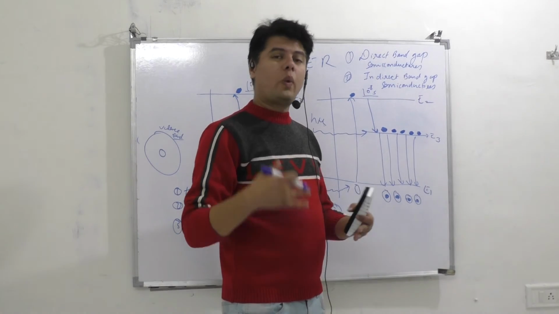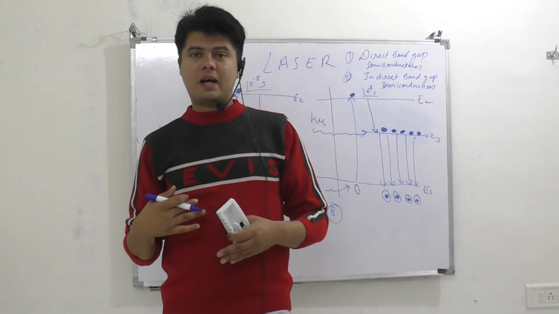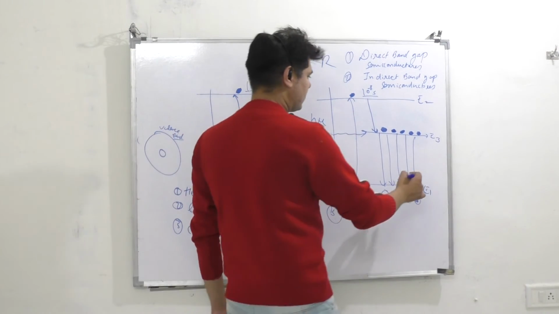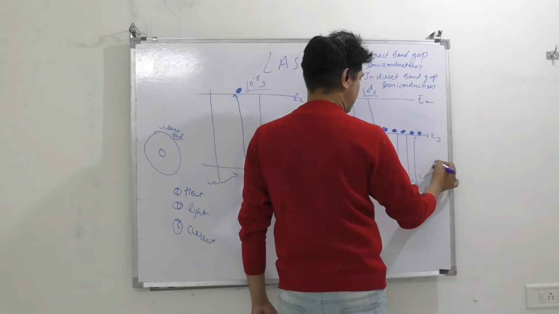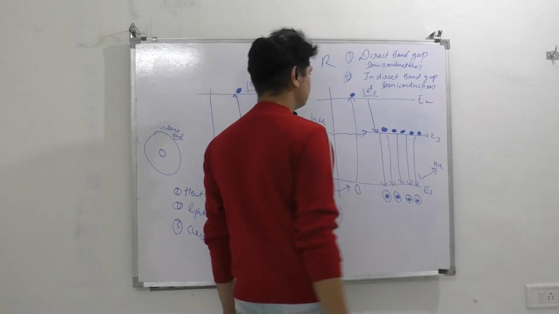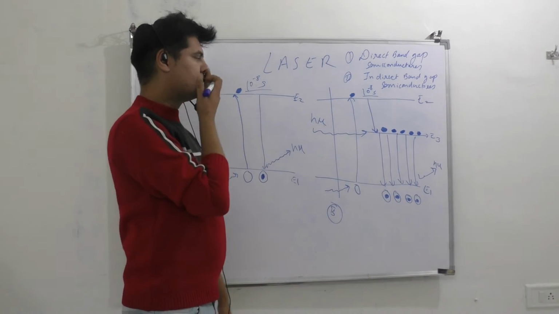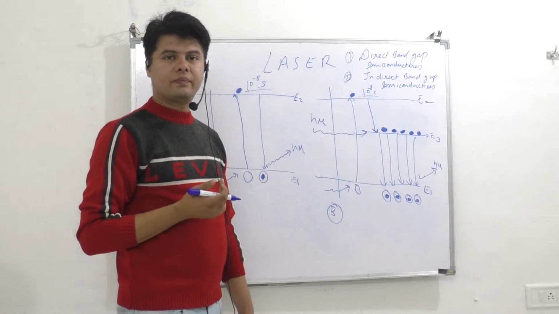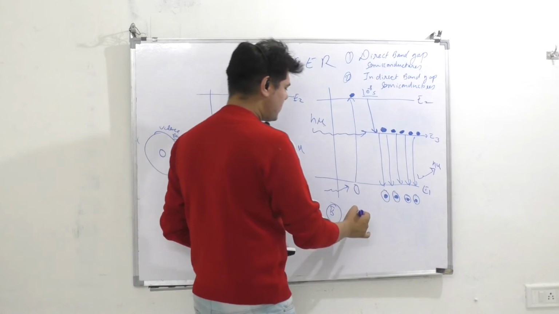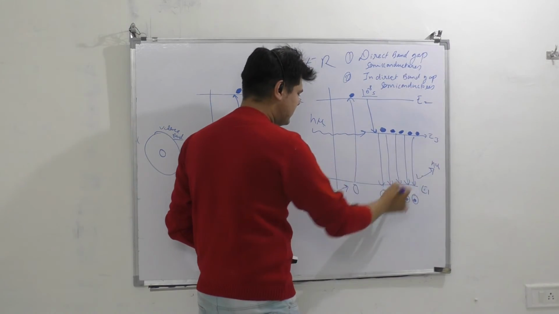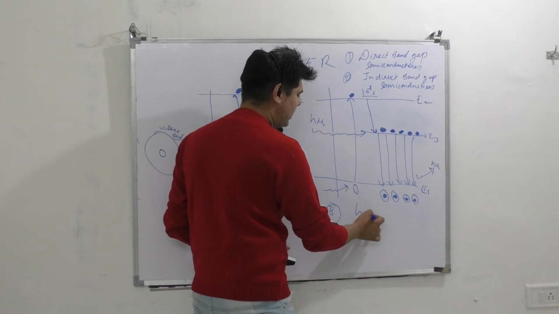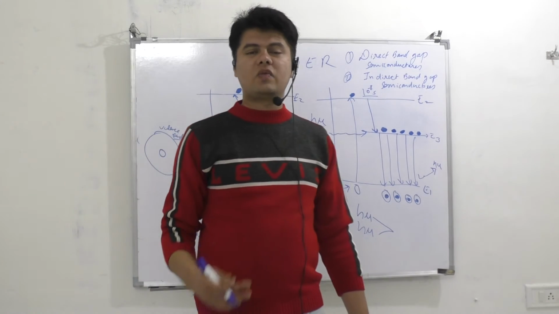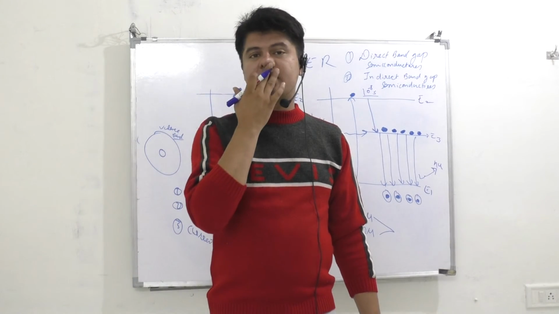And as we know, whenever electrons and holes recombine, they generate photonic energy, Hν. This is called stimulated emission, where this Hν energy and that Hν energy propagate in the same direction with the same group velocity.